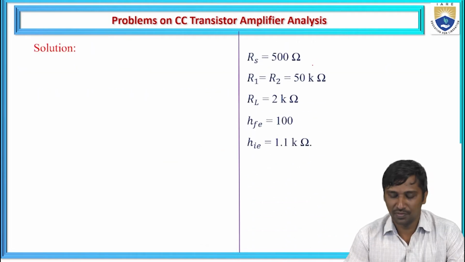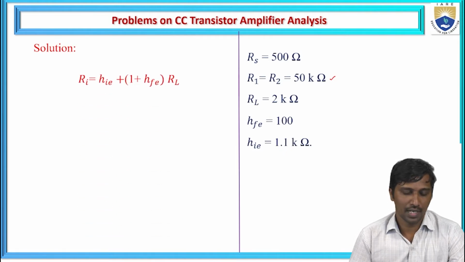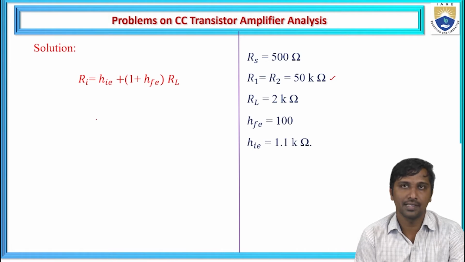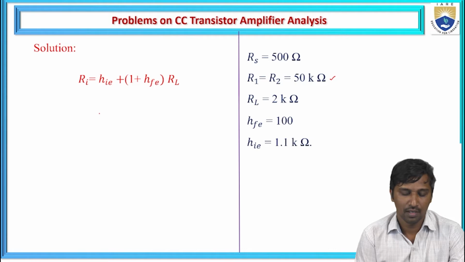Let us first note the given specifications: the source resistance is 500 ohms, the potential divider network contains R1 and R2 of 50 kilo ohms, RL is 2 kilo ohms, HFE is 100, and HIE is 1.1 kilo ohms. Now first we need to calculate the input impedance as per the small signal model analysis.